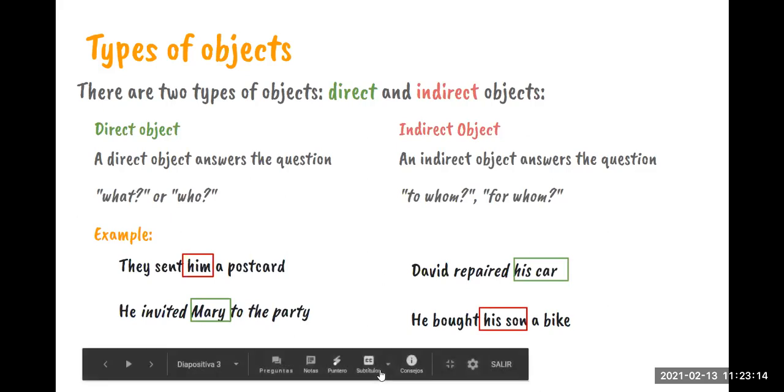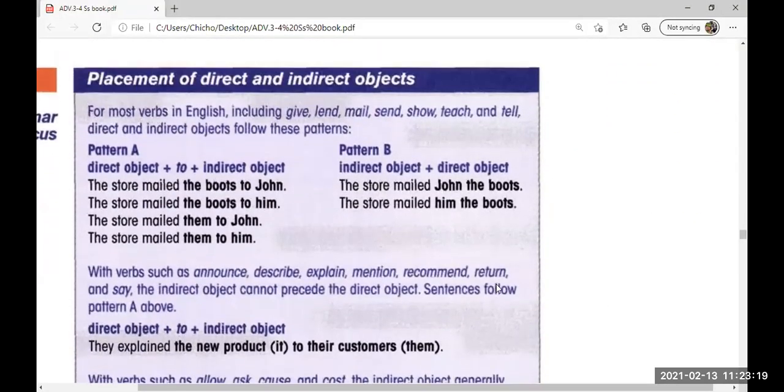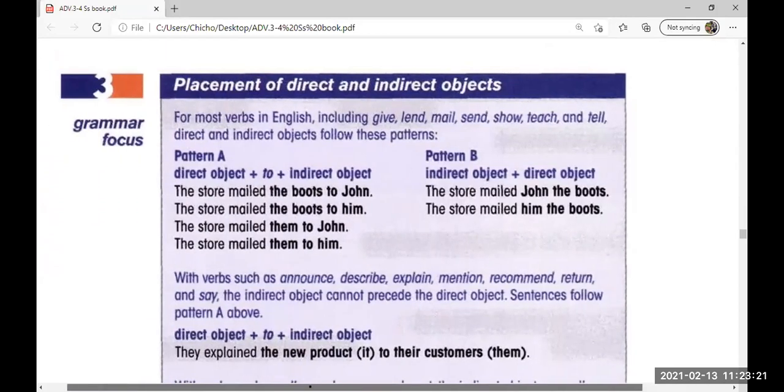In your book, you have some patterns to follow when we are talking about direct or indirect objects. Okay, I want you to pay attention to this. It says, for most verbs in English, including give, lend, mail, send, show, teach, and tell, direct and indirect objects follow these patterns.